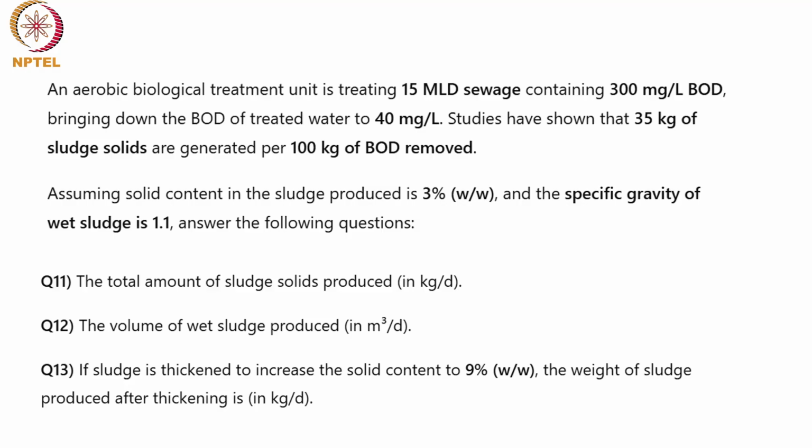So if we calculate, it is 1365 divided by 1.1 divided by 3, which is nothing but 413.63 meter cube per day. So this is the answer for the second subdivision.